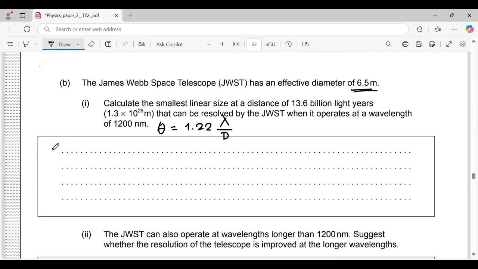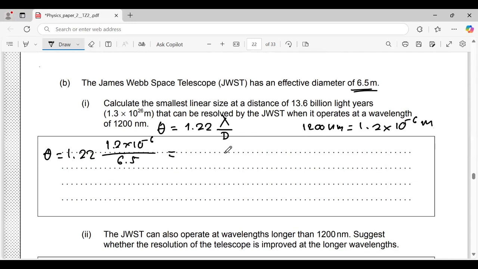Now we are going to calculate theta equals 1.22 times lambda, the wavelength of light. 1,200 nanometers, in significant figures, is 1.2 times 10 power minus 6 meters, over 6.5, according to this information.